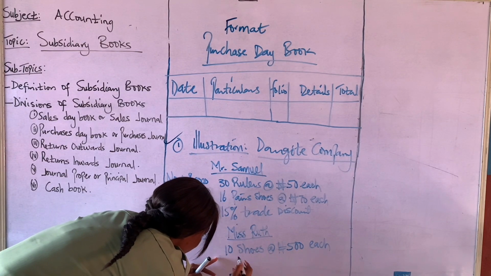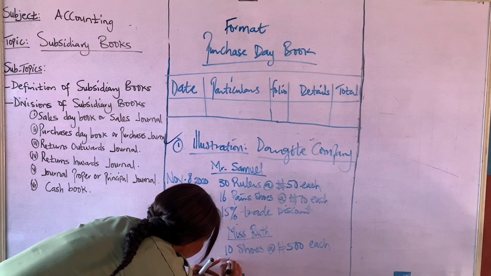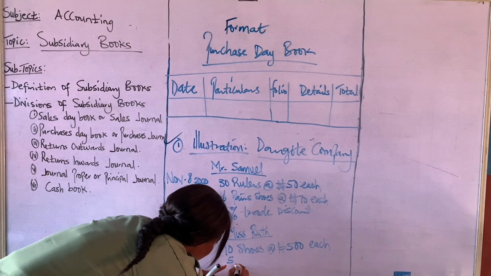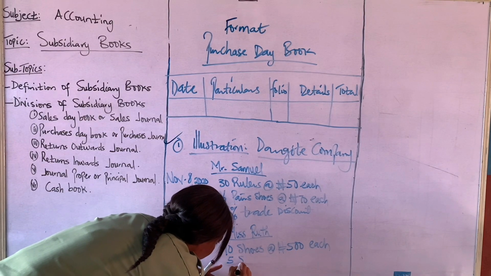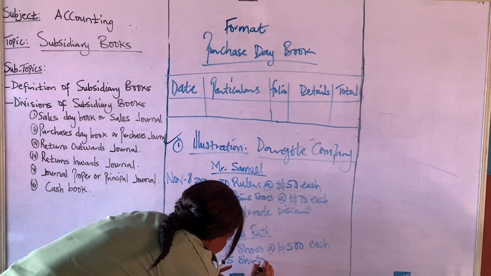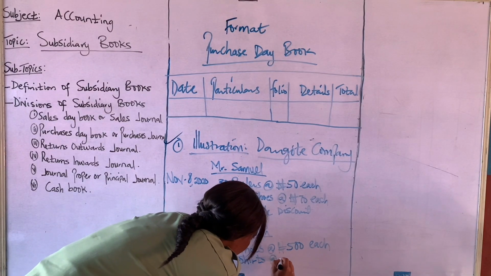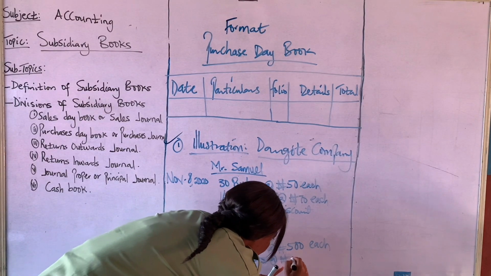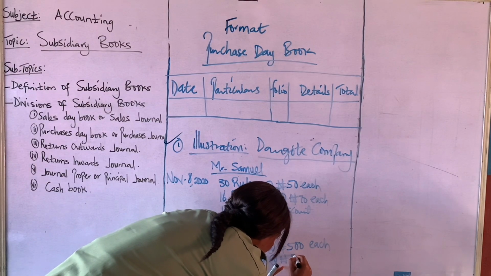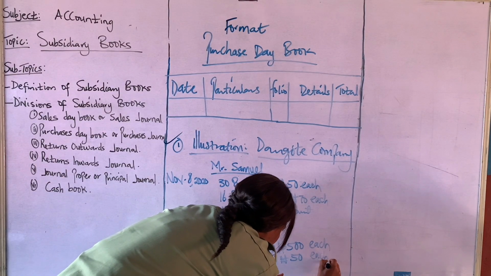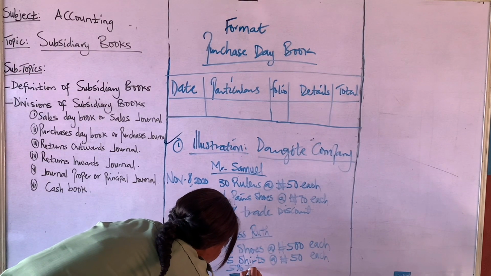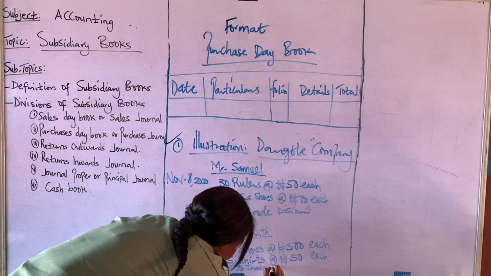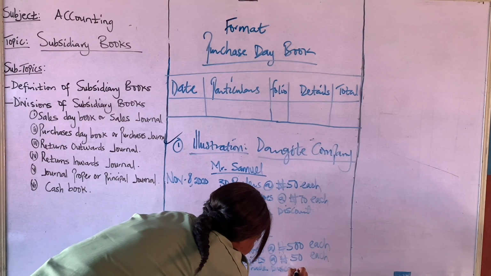And it also purchases 5 shades, let's say 5 shades at the rate of 50 naira each. And a discount of 5% trade discount was given.